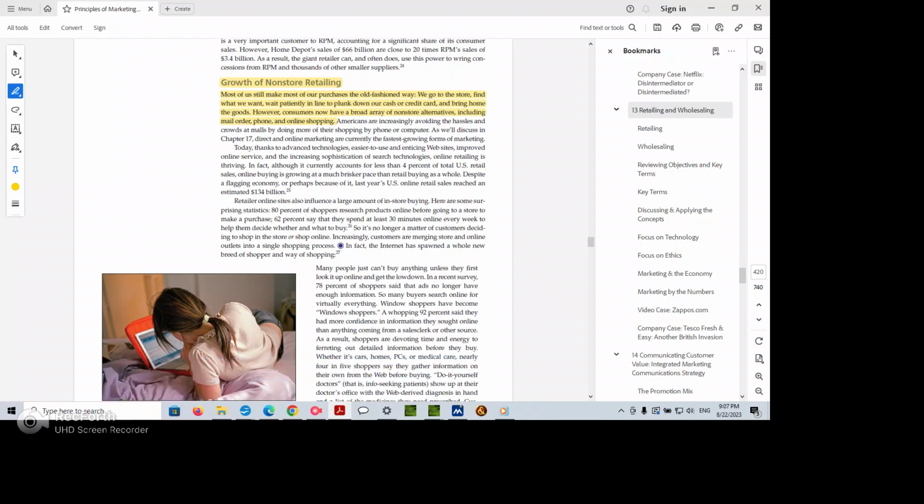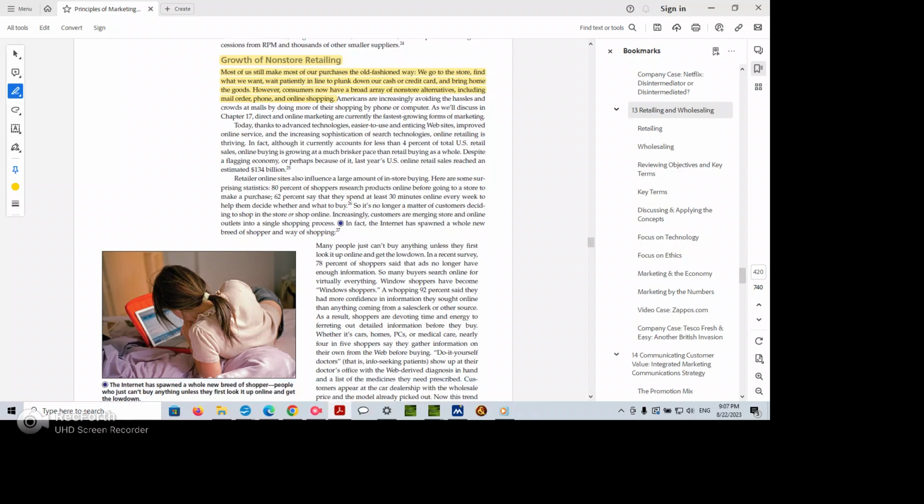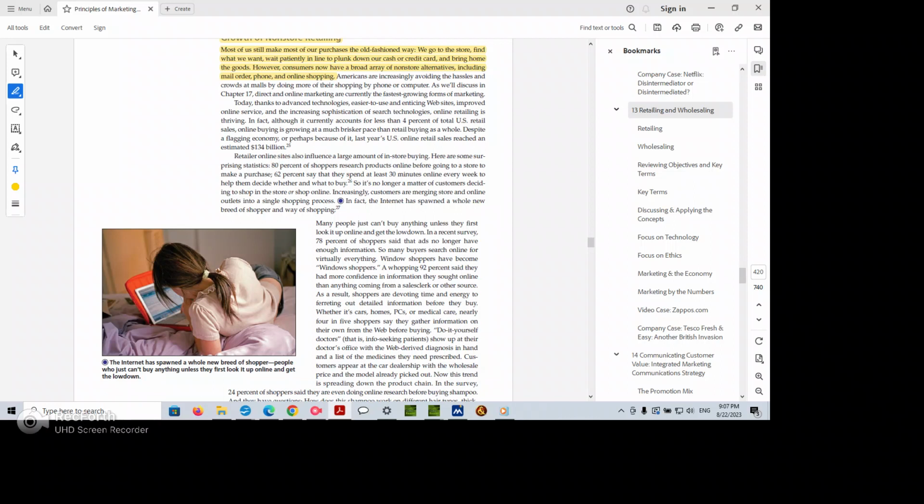With more options comes more competition, which makes for better options. Americans are increasingly avoiding the hassles and crowds at malls by doing more of their shopping by phone or computer.